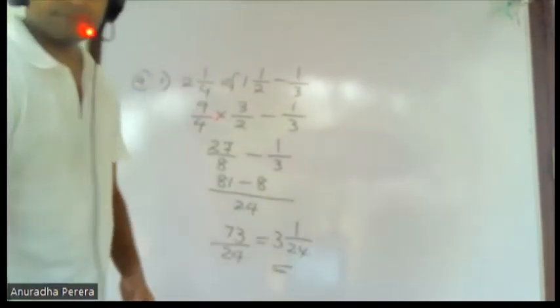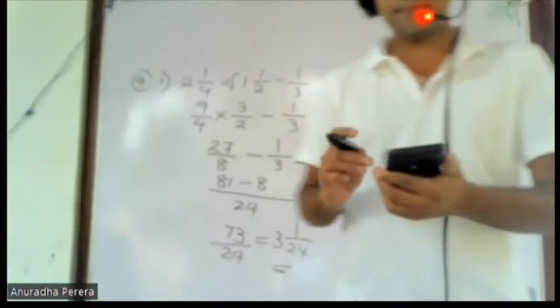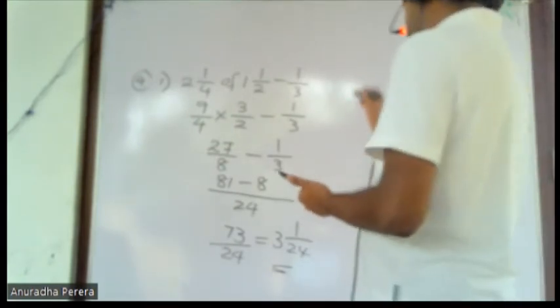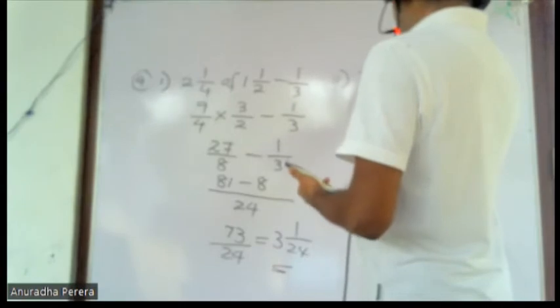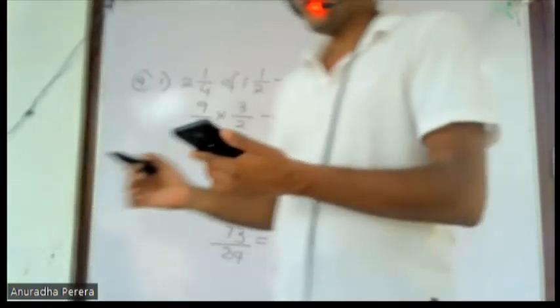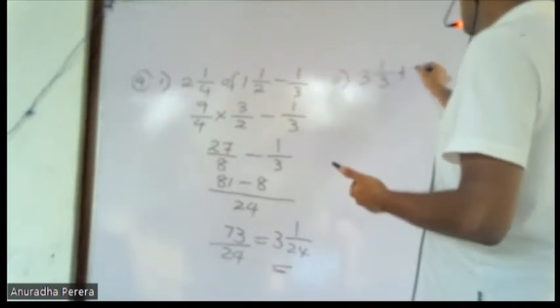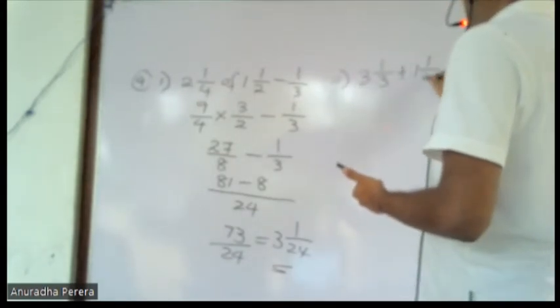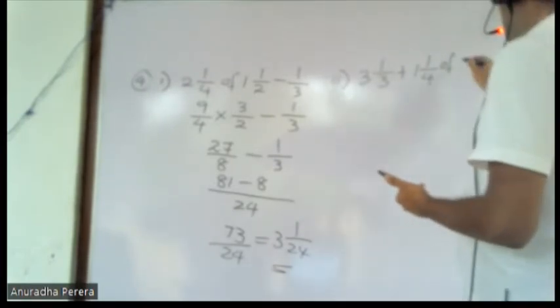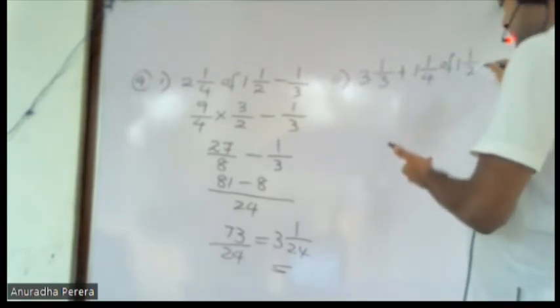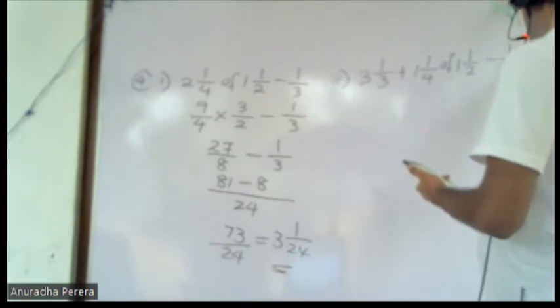Yes, sir. Right. The second one. 3 1/3 plus 1 1/4 of 1 1/2 minus 1/4.